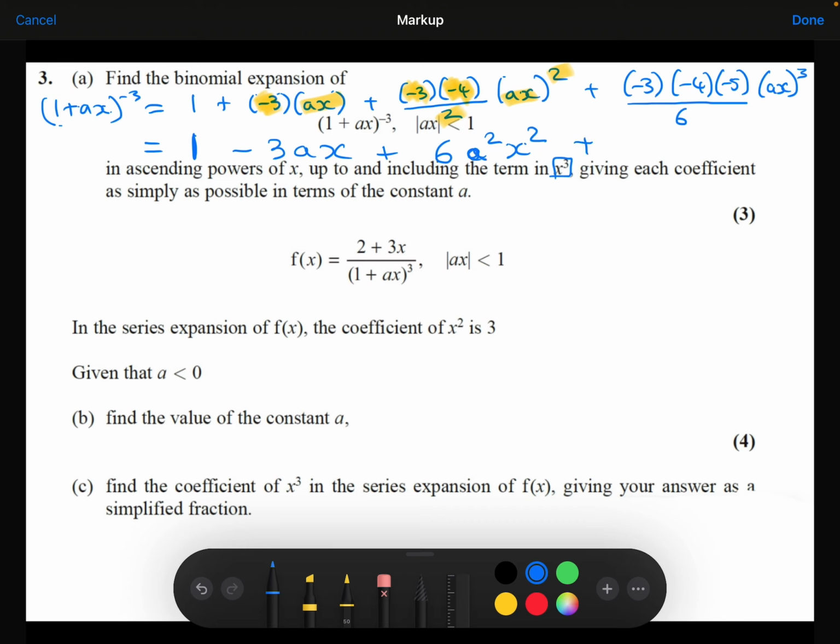And then we've got the minus 3 times minus 4, so that's 12. 12 times minus 5 is minus 60, divided by 6 is minus 10.